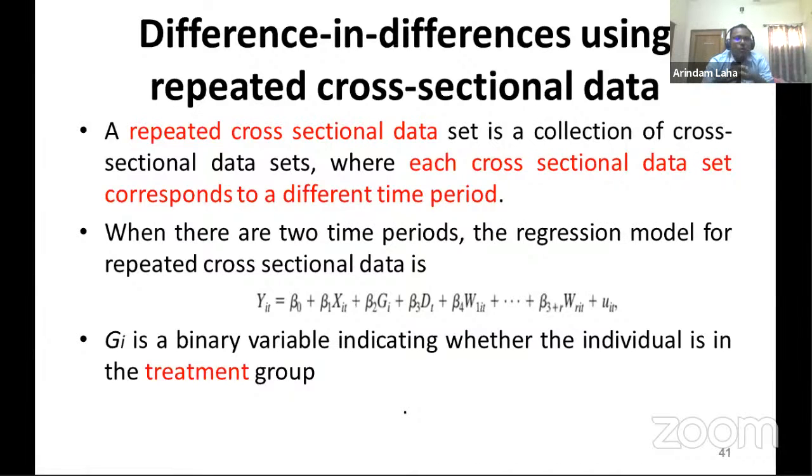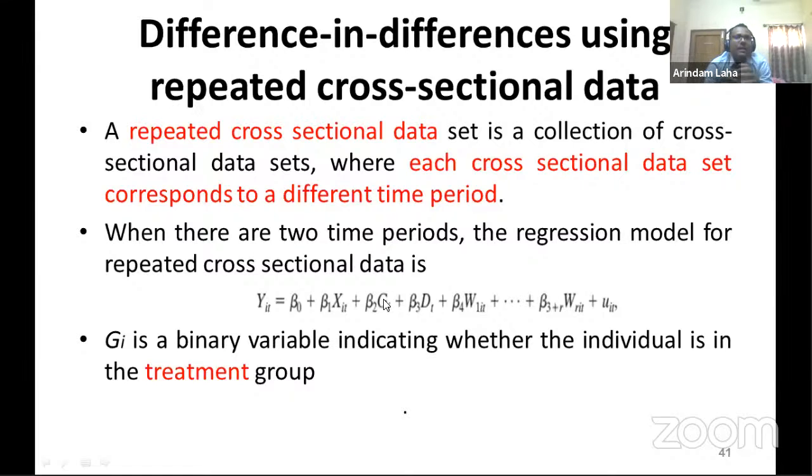Now in this model, the empirical specification can be written as Y_it, where i is a cross-section unit and t is the time period. There you have an explanatory variable like G. G is a binary variable that tells whether the individual is in the treatment group or not.